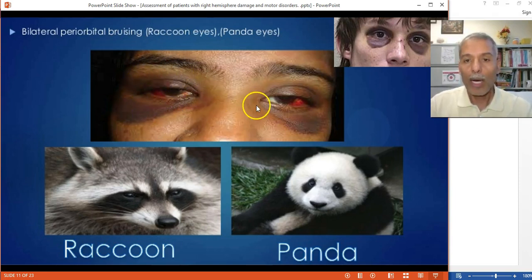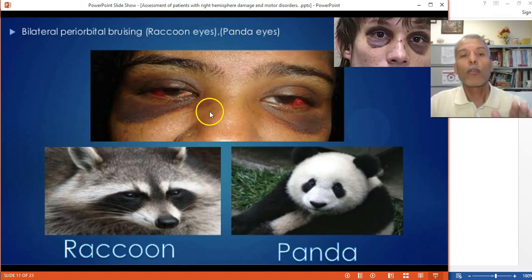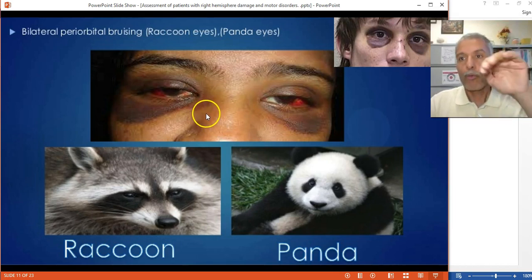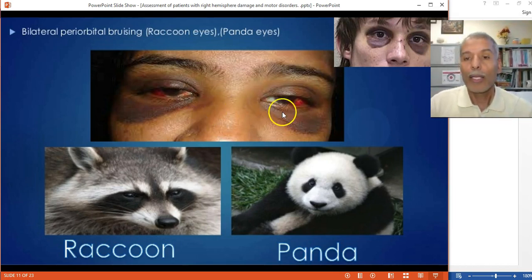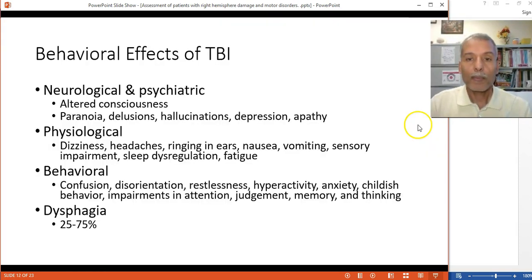You look for panda eyes or raccoon eyes. This can be a conduit for germs to enter, because the nasal cavity and the eye socket are exposed to germs and all kinds of things, and this is one of the sites where bacteria can penetrate through the fracture to the brain, and that can cause meningitis.